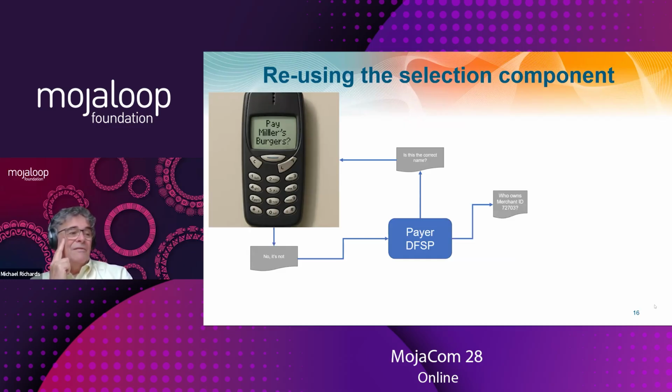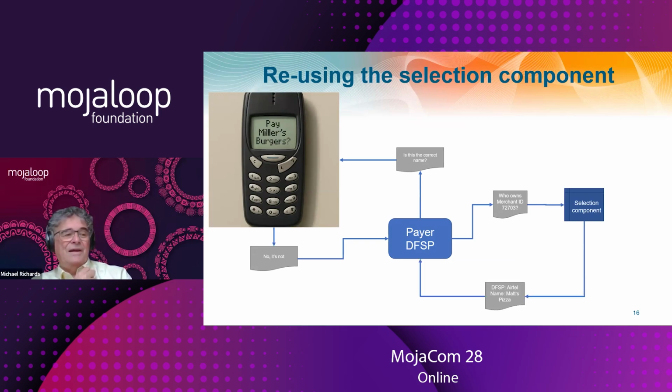So now the payer DFSP, the customer's DFSP, sends out the same request as before. Who owns this merchant ID? But it's picked up by the selection component, which says, oh, okay, I've got another item in the queue. It's Matt's Pizza. I'll try that one.